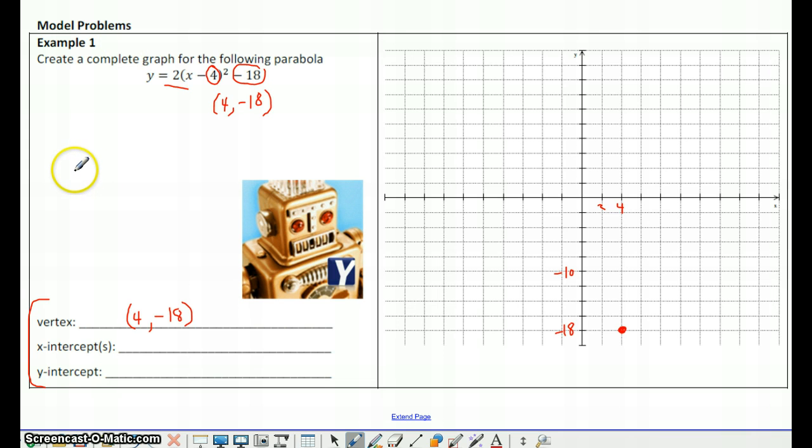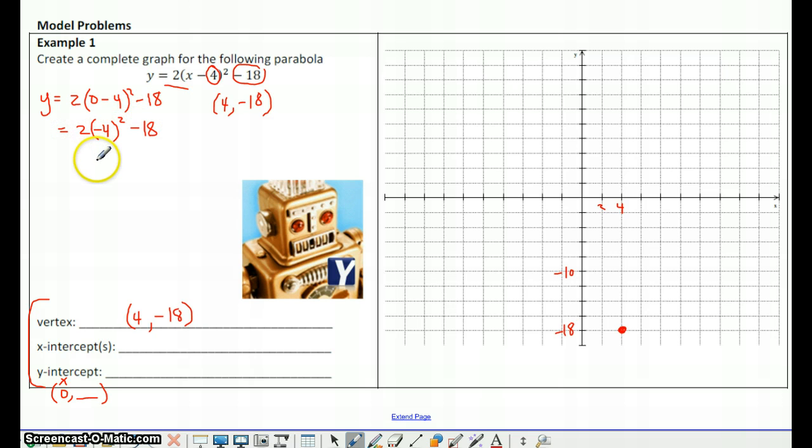I would say the easier thing to find would be the y-intercept, and at the y-intercept you know it's going to look like (0, something), so I'm just going to plug in x equals 0 into this equation. So y equals 2(0 minus 4) squared minus 18. 0 minus 4 is negative 4, squared, minus 18.